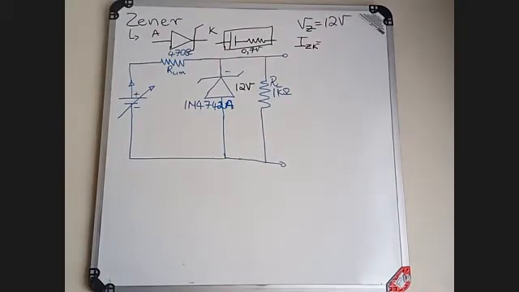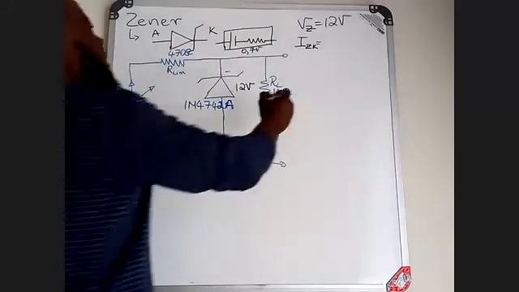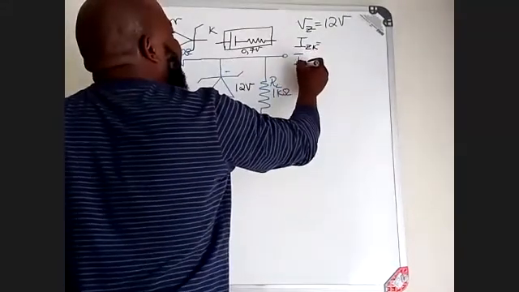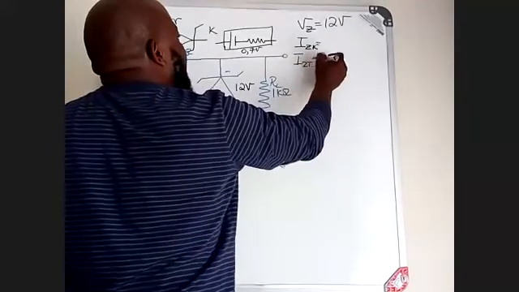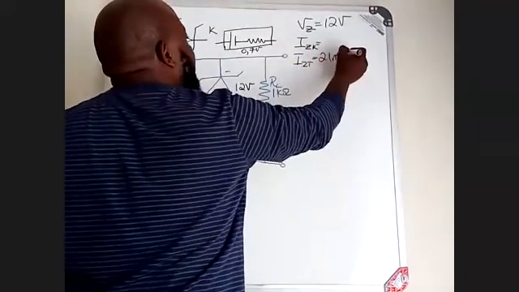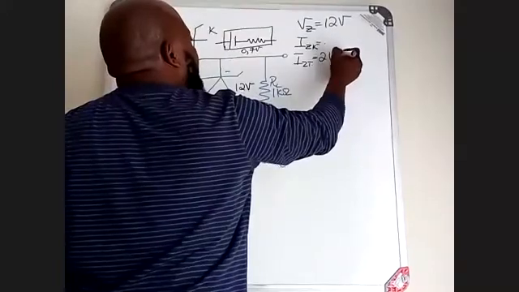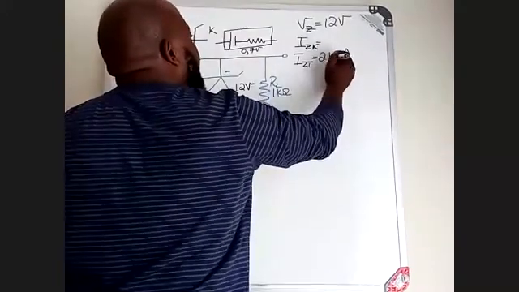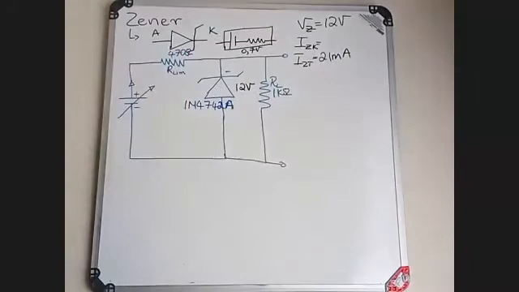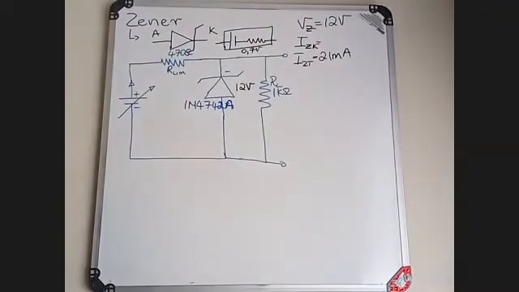Within the parameters here, your Zener test current is 21 milliamps. So my IZT is 21 milliamps.